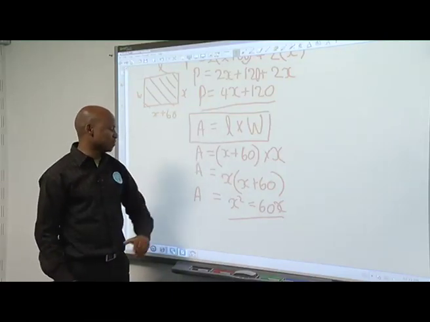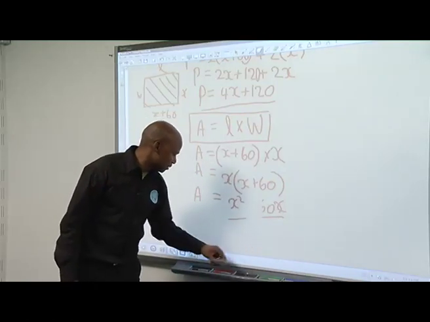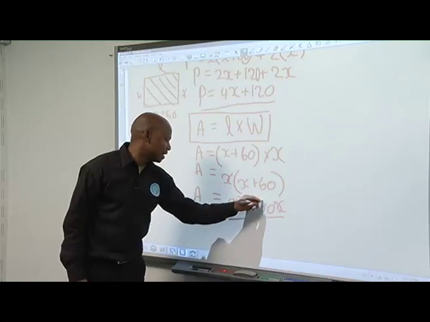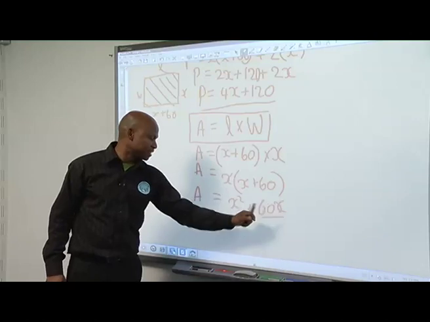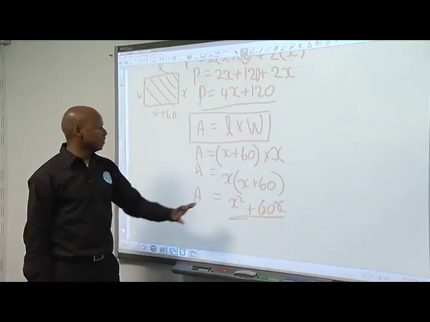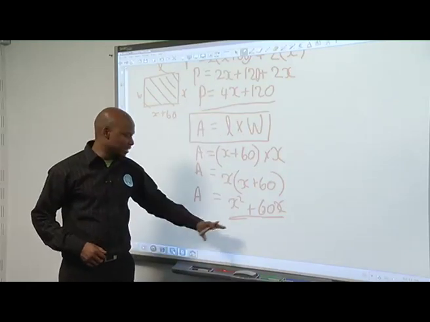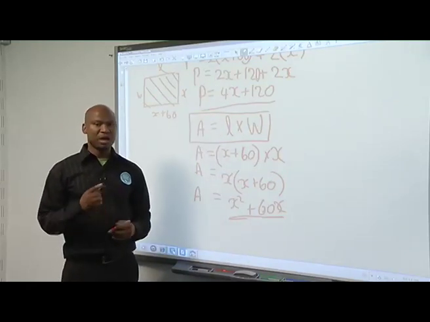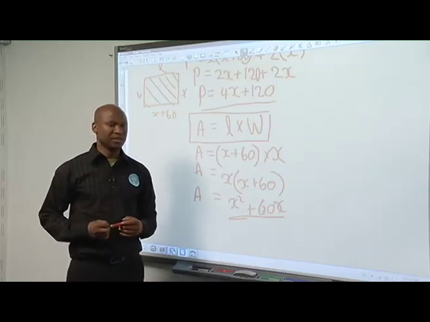And this is not an equal sign, sorry for that. We are going to say plus there, and this is x squared plus 60x, and that is our answer. That is how we can write the two, the perimeter and the area. Now, when we come back from break, we are going to do the other question here.